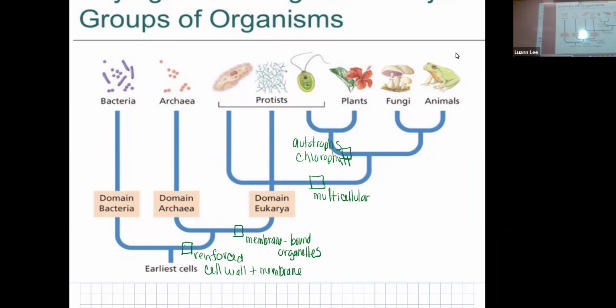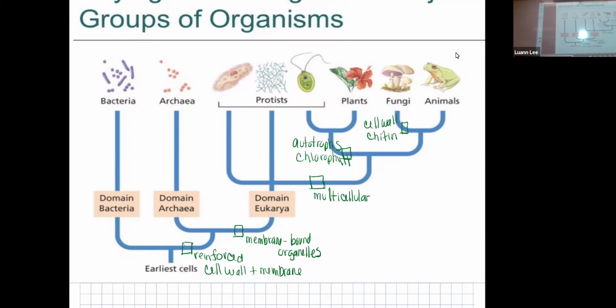Then from the next branch, between the fungi and the animals, we had another node or another common ancestor. And the fungi branched off on the left because they had their cell wall, which the plants also had. They have a cell wall which also contained a really hardened substance named chitin. So the fungi had a cell wall made of chitin.